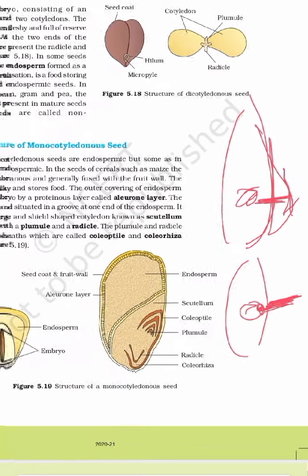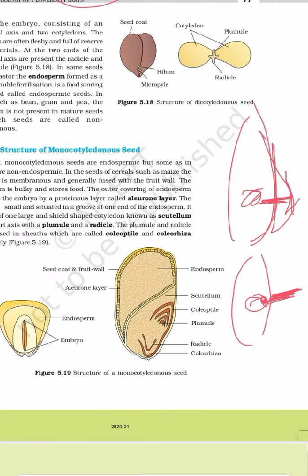So the funicle has two endings, raphe and hilum. The raphe is the part that is fused with the seed coat, right? Now the seed coat starts from the chalaza, C-H-A-L-A-Z-A. Chalaza is the seed region where the seed coat originates.